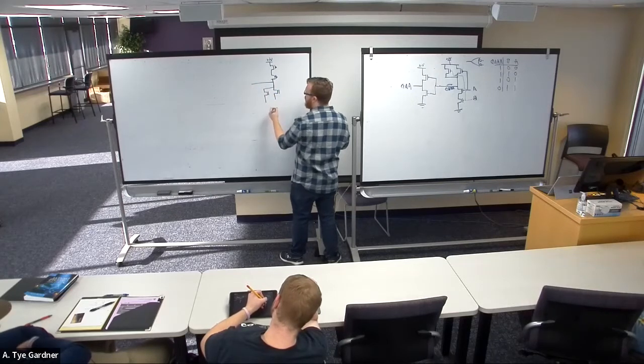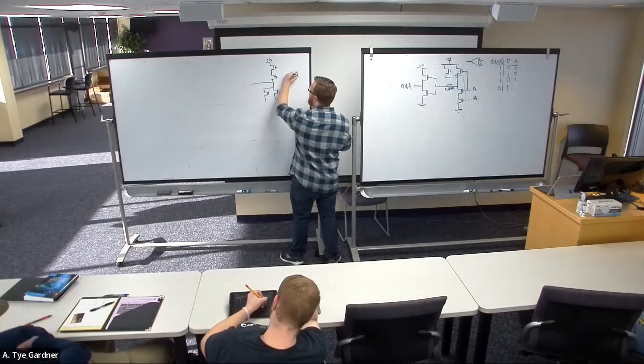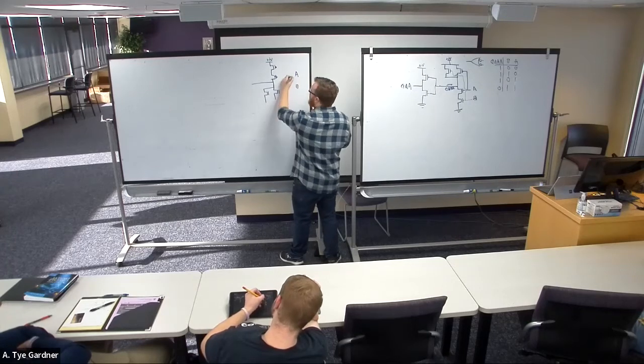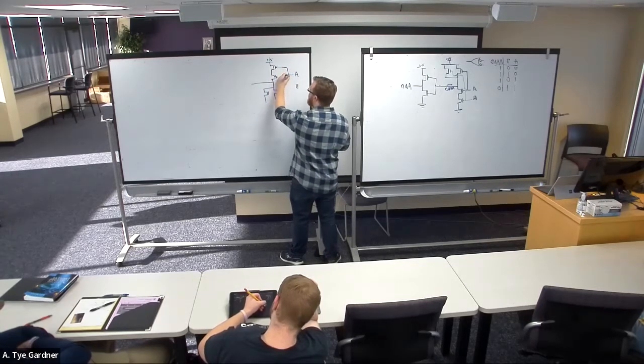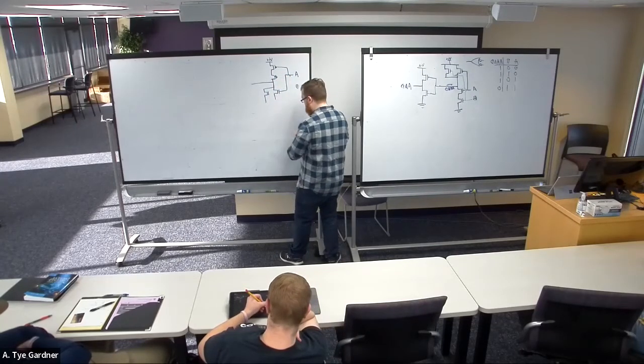We're going to tap out between those two. We're going to call inputs A and B. A is going here and here, and then B, I'm going to use B in green again.